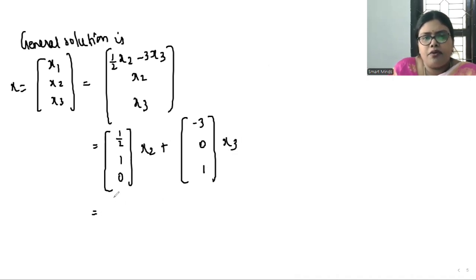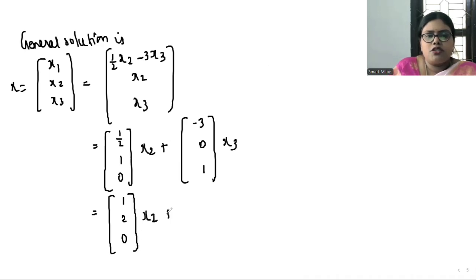If you take the LCM, that is, if I multiply each element by 2, we will get [1, 2, 0] x2 plus [-3, 0, 1] x3.